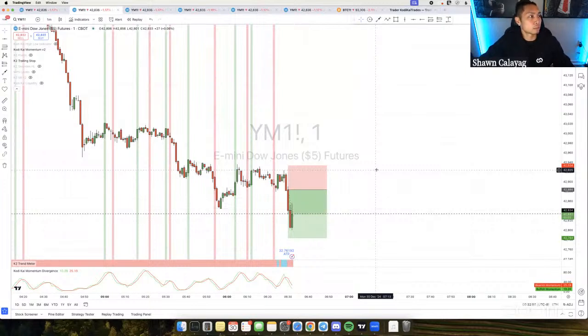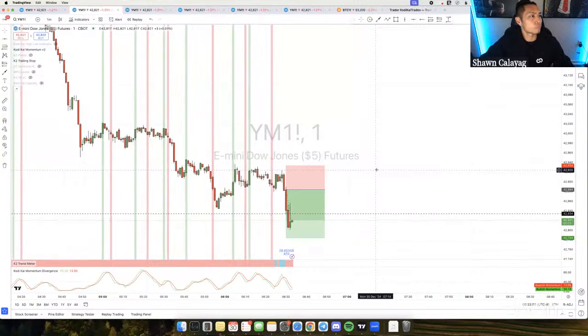It's still running. I'll be looking for some scalps pretty soon though, so I'm just looking for the retracement. So I need a retracement to the upside.